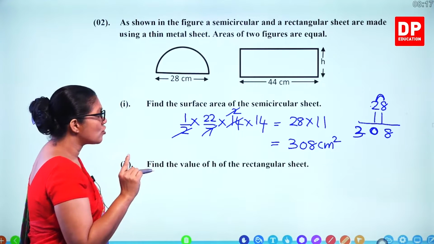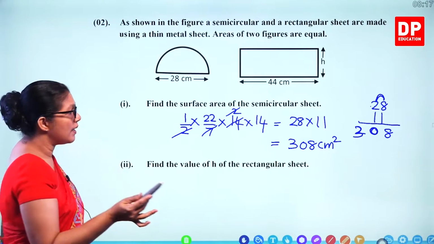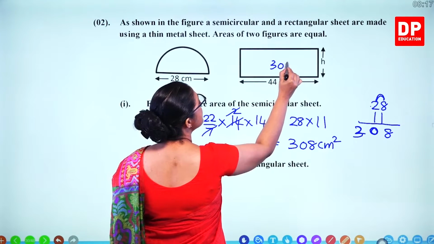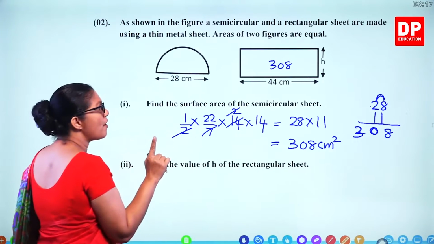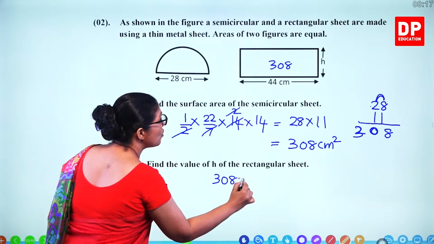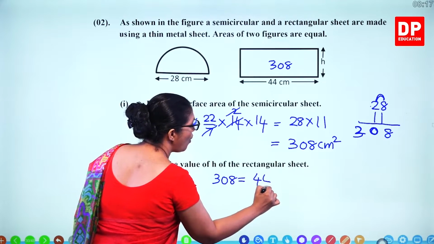Find the value of h of the rectangular sheet. Now it says the 2 areas are equal. So if this is 308, this is also 308. How do you find out the area of the rectangle? 308 is equal to length into width, 44h.